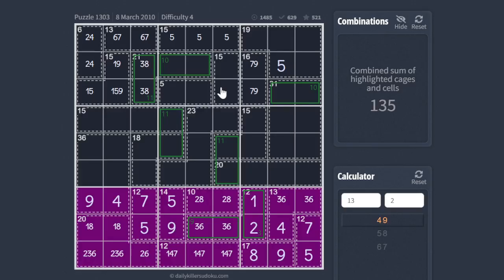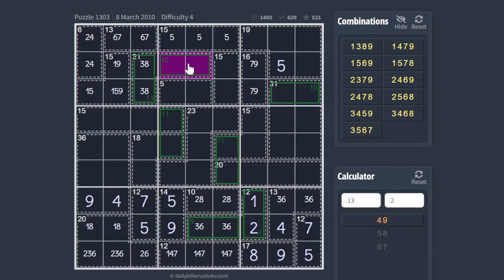So let's move back up here to the top of the puzzle and take a look at the top 3 boxes and how we can make some progress here. And once again, we're going to use this pseudo 10 cage to make some progress.